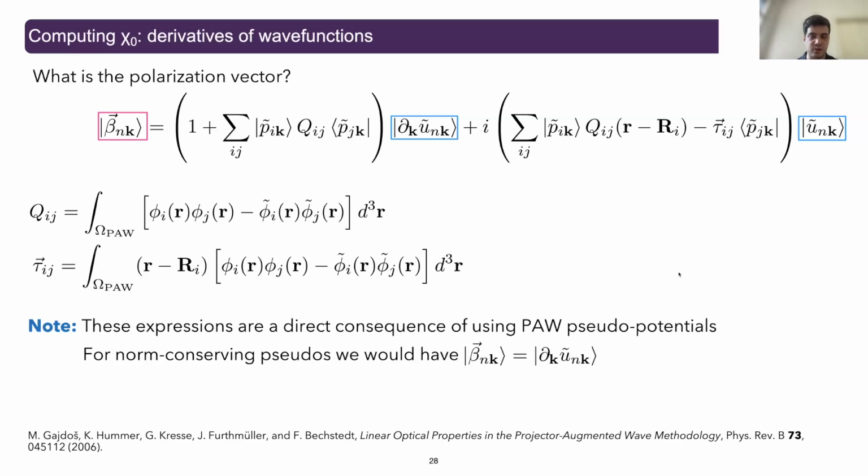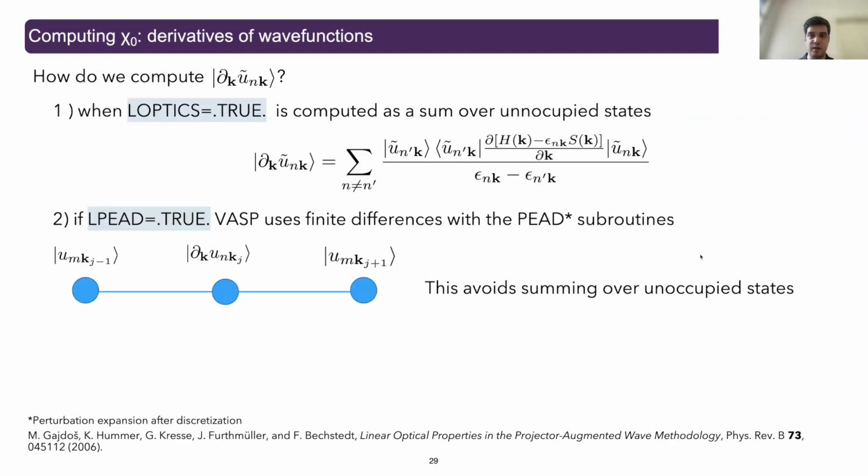So what algorithms do you have available to compute this polarization vector? Well, VASP has two algorithms available. One is done by setting LOPTICS equals true, and it computes the derivative of the periodic part as a sum over unoccupied states. The second option is by setting LPEAD, that is to say, activating the perturbation expansion after discretization, to true.